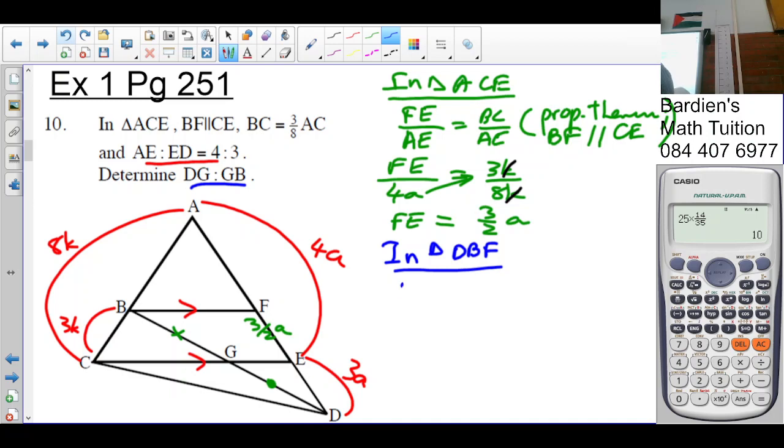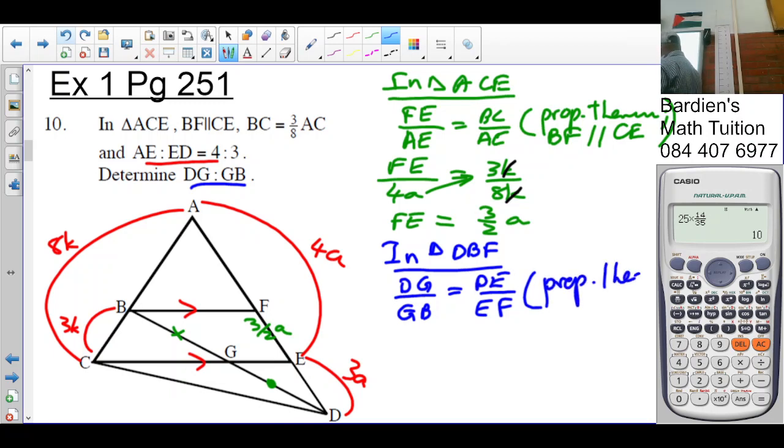So DG over GB is equal to DE over EF. And what's the reason? The proportionality theorem, with BF being parallel to GE.